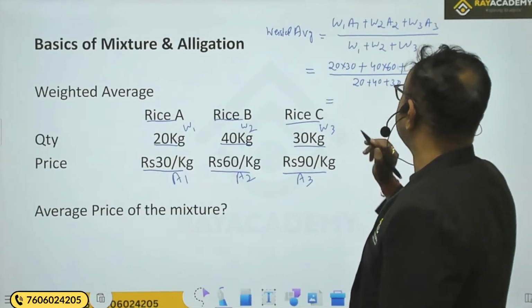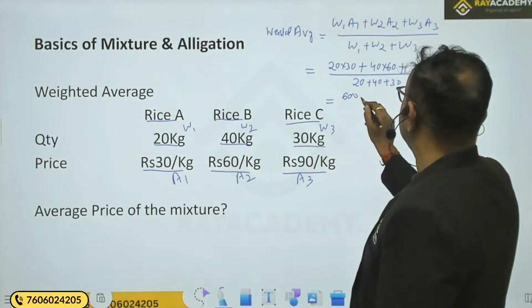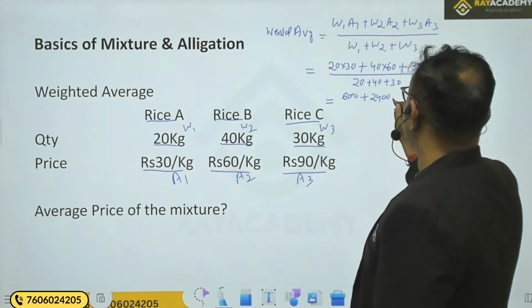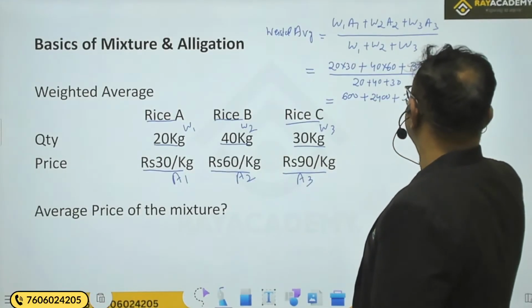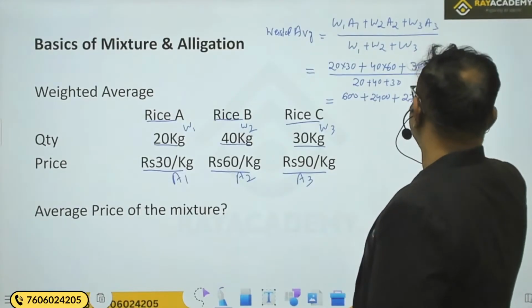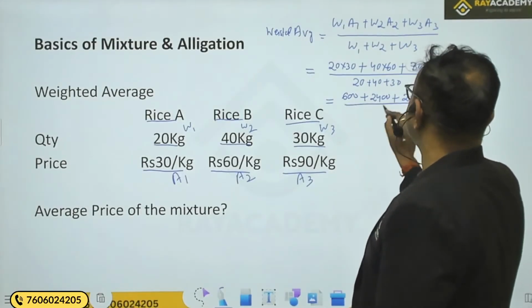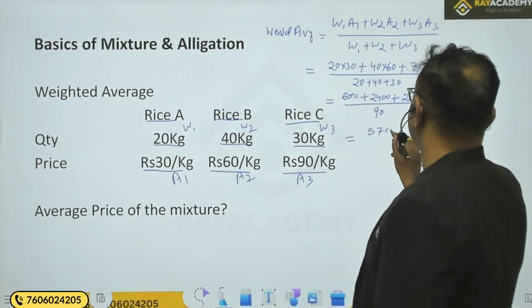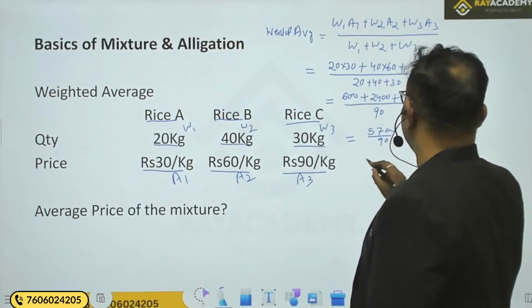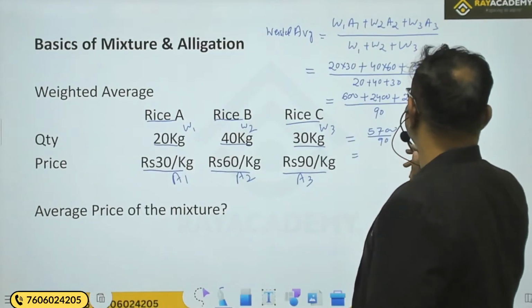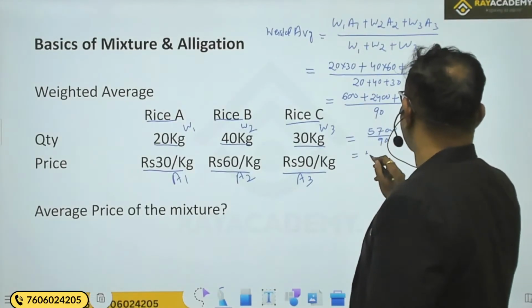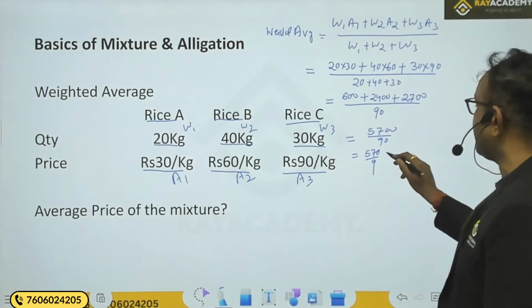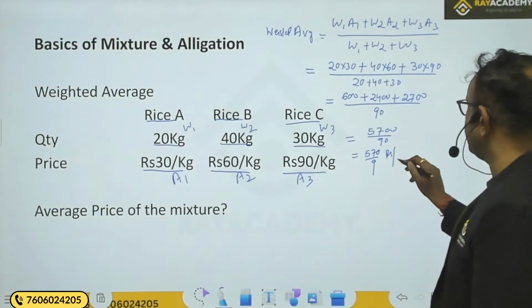So 600 plus 2400 plus 2700, divided by 90. That is 5700 divided by 90, which is 570 by 9 rupees per kg.